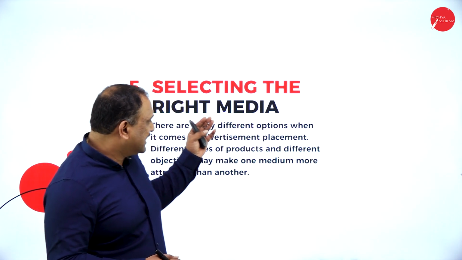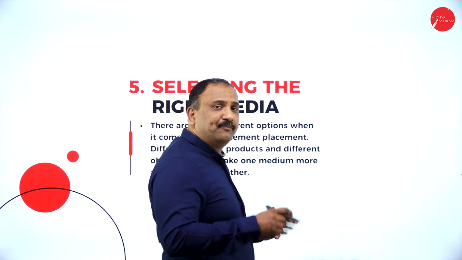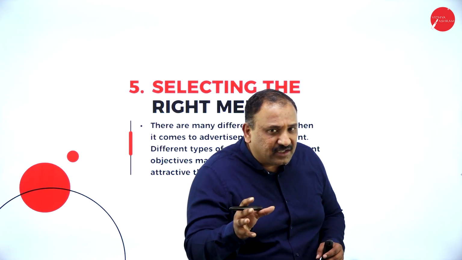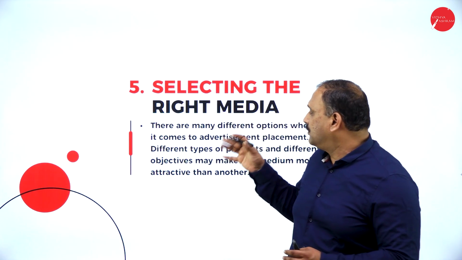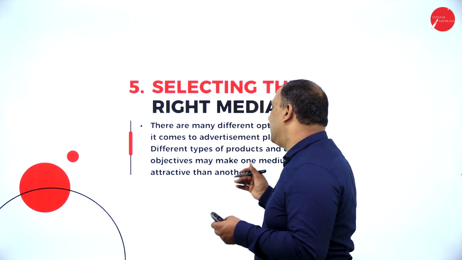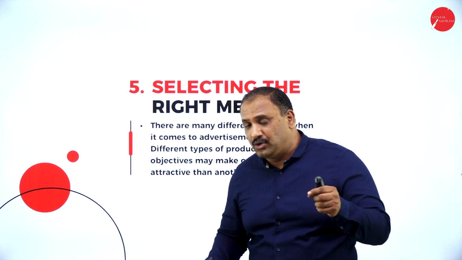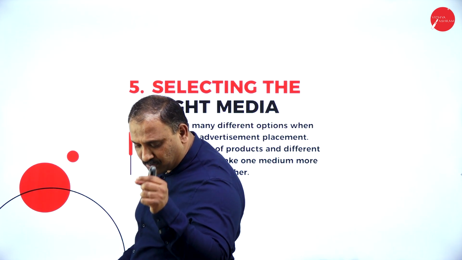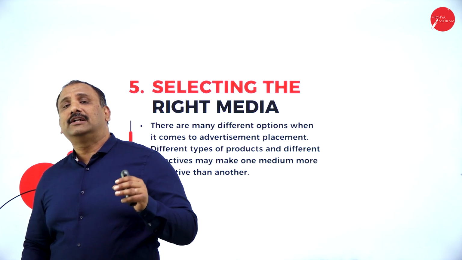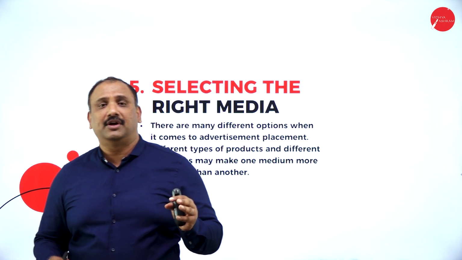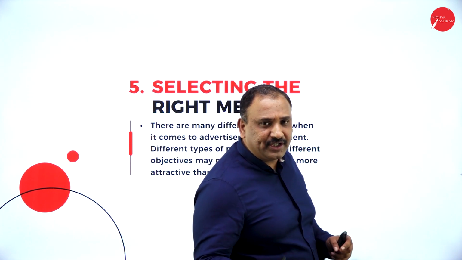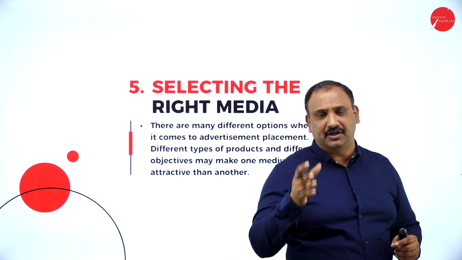So when you're going to select the right kind of media, one has to understand the number of times, the occurrence, and the instances at which that would go and reflect in the minds of the consumer. So you need to make that media channel very, very attractive to the consumer. You cannot take a media channel where you are just throwing the advertisement again and again and ensuring that it's going to hit the eyes of the consumer.